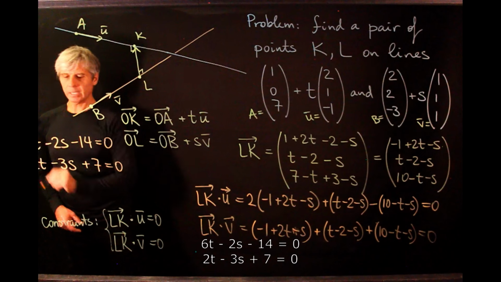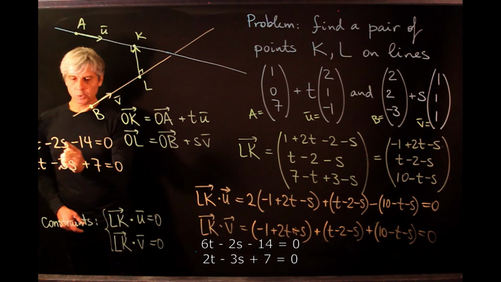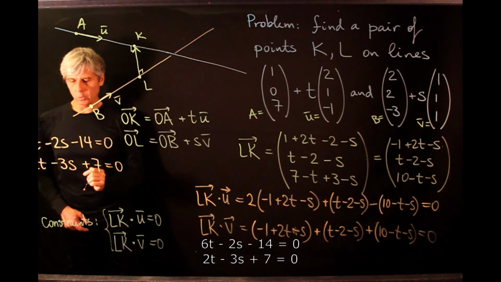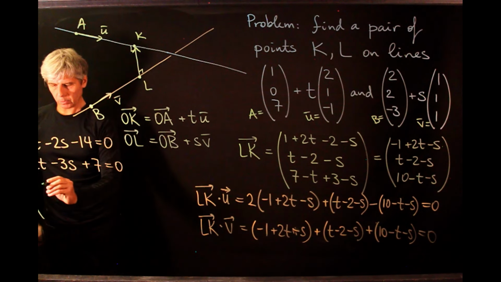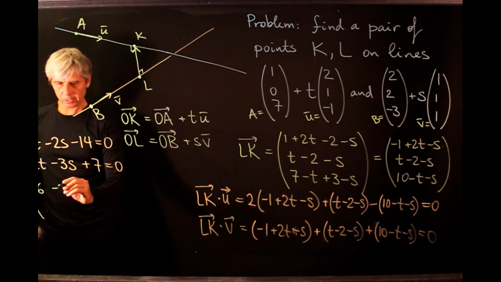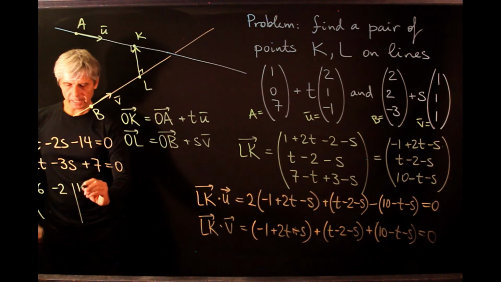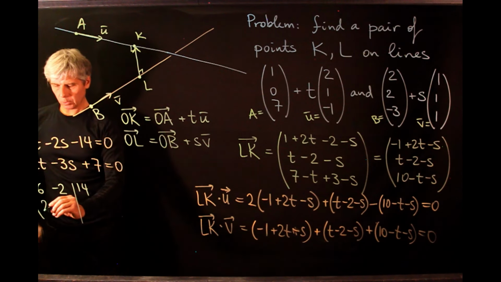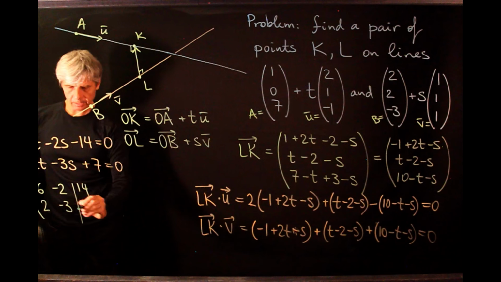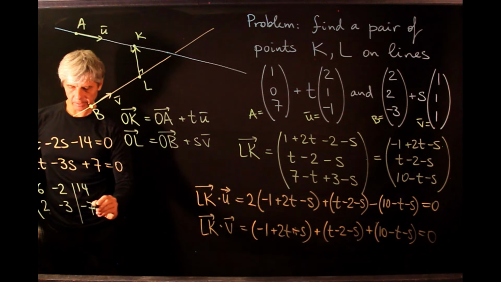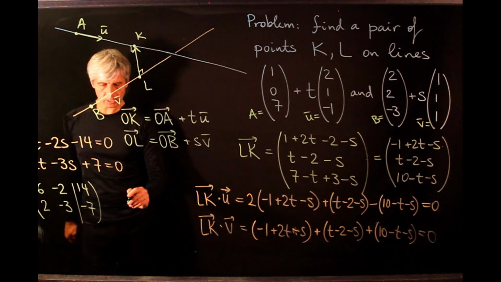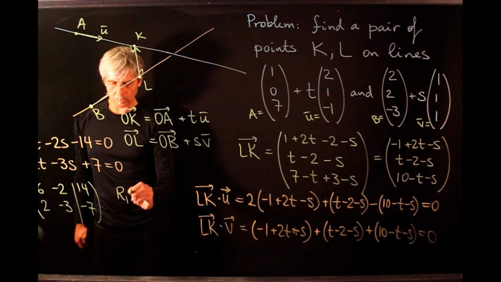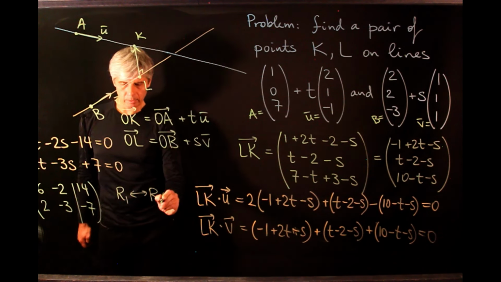So what we've got here is two equations with two unknowns. So let us solve this system. So the augmented matrix will be 6, minus 2, 14, and 2, minus 3, negative 7. So here what I'm going to do is first I'm going to switch row 1 with row 2.